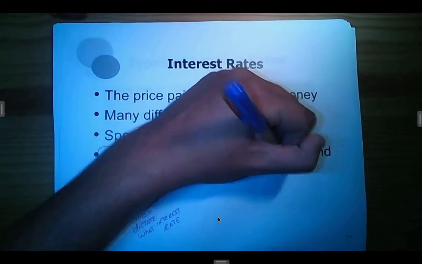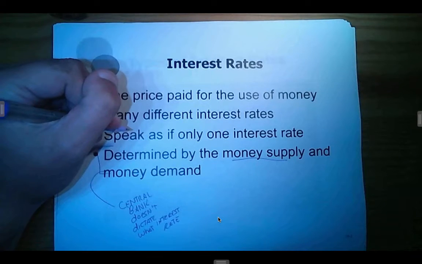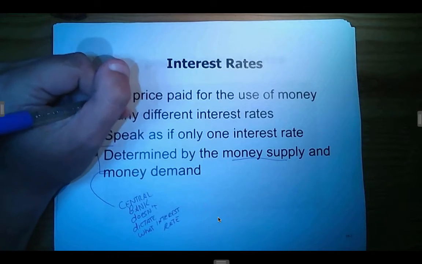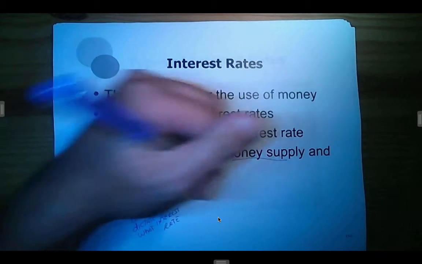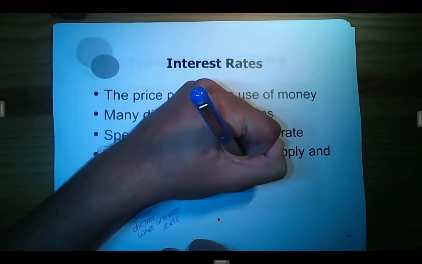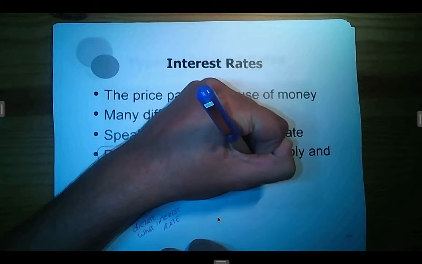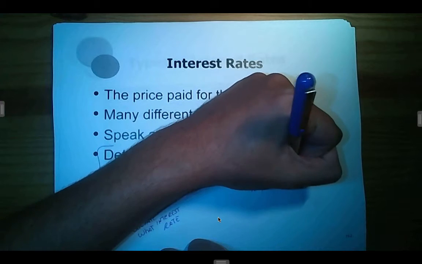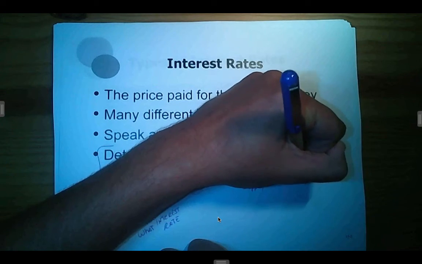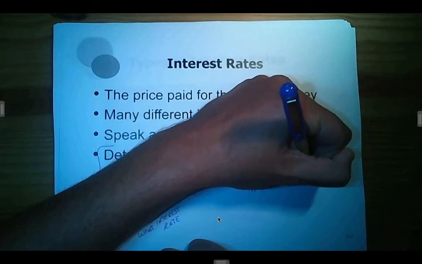Rather, what it does is it changes the money supply. And that's the key thing that a central bank, in the case of the United States, the Federal Reserve, does. It changes the money supply to change the interest rate.